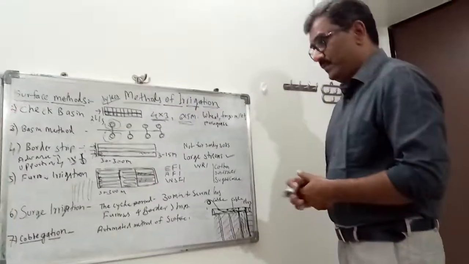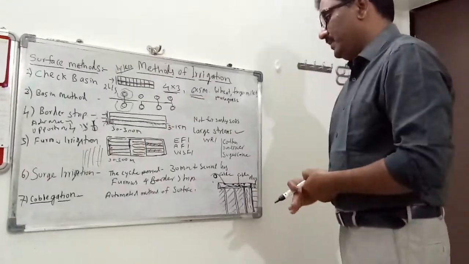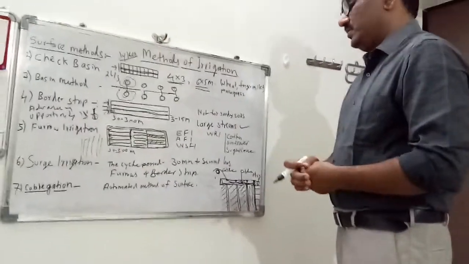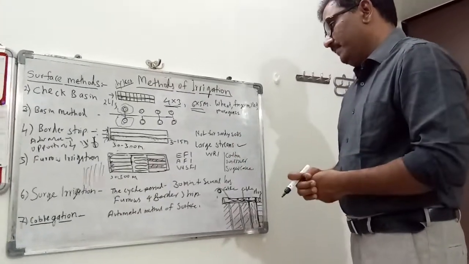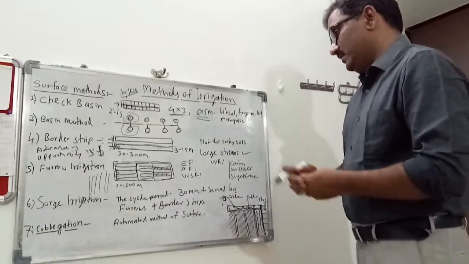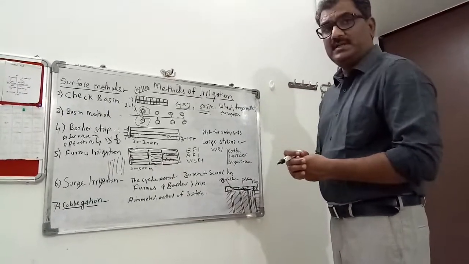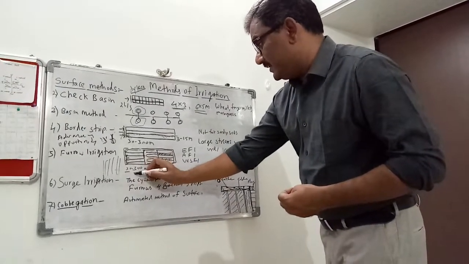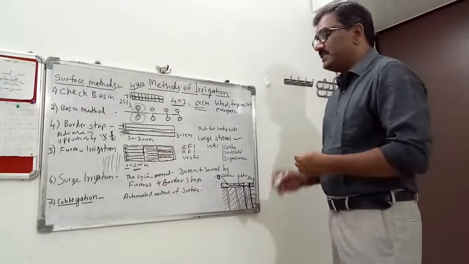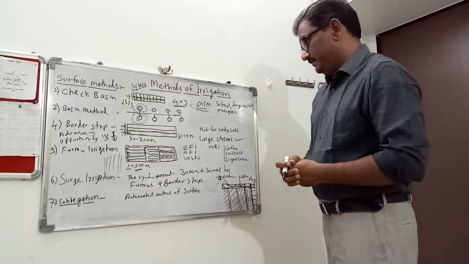Again here the length of the furrow and the width of the furrow are also important, but here length is very important. Width will depend upon the crop distance, or row to row distance of any crop. Here length is around 30 to 300 meters depending upon again stream size and slope of the land.